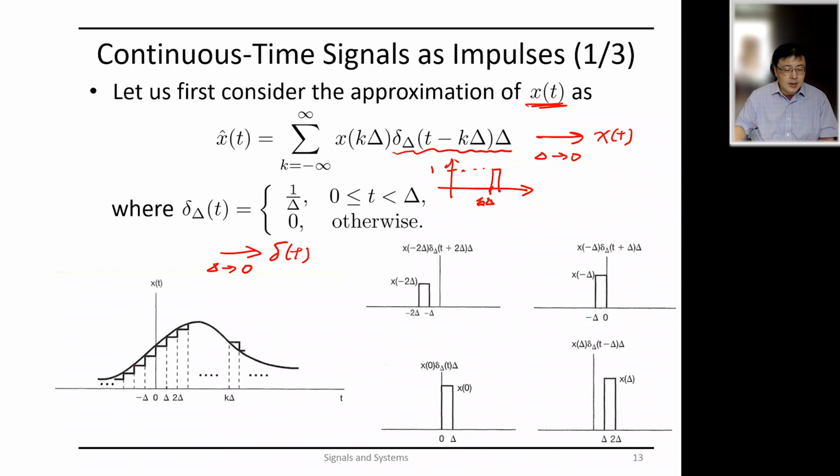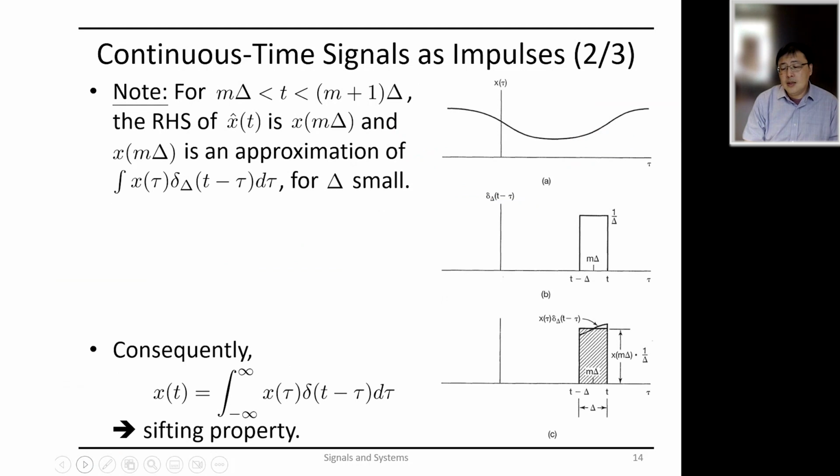Now, suppose that we look at a particular value of t that is between m capital delta and m plus 1 capital delta.